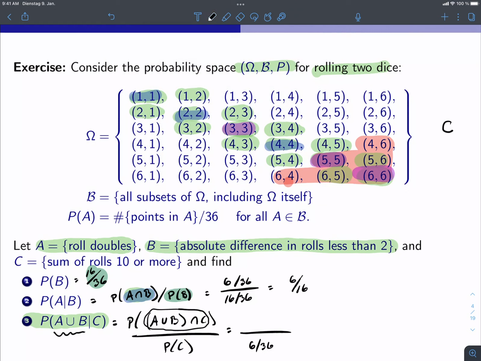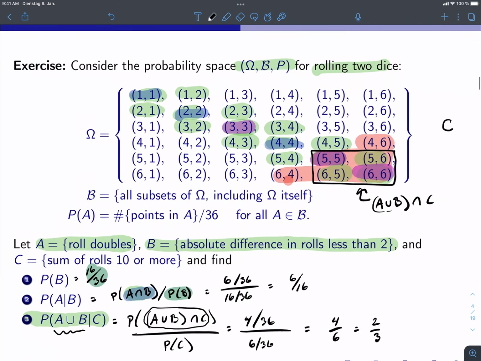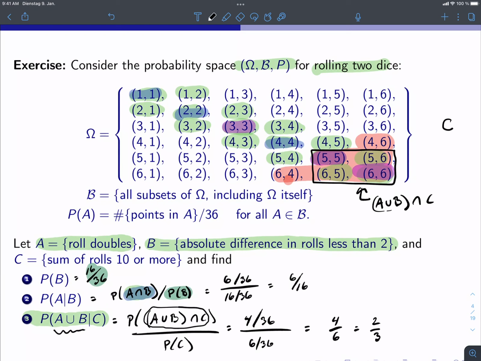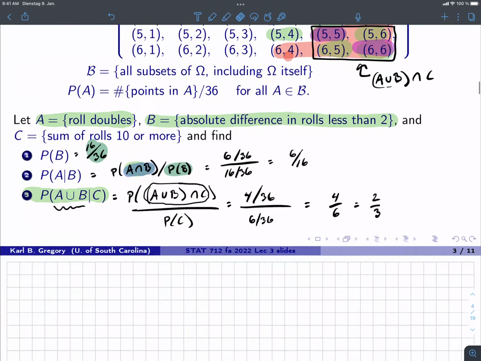So it looks like these events are like A union B intersect C. And there's 4 of those, so 4 out of 36, and so I get 4 out of 6, which is 2/3, if I did all of that right. Okay, so just a very simple visual of conditional probability. I was just double checking that I did this right. I think it's right. Okay.